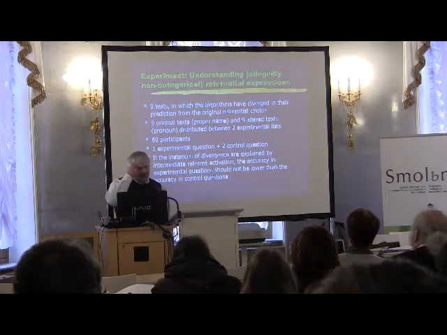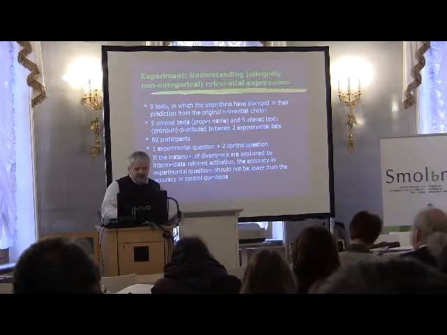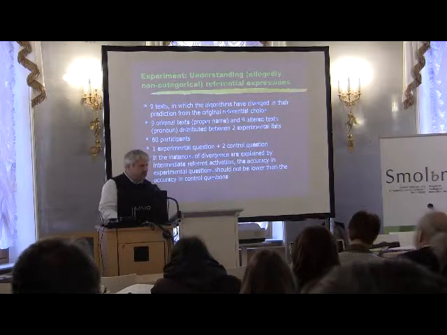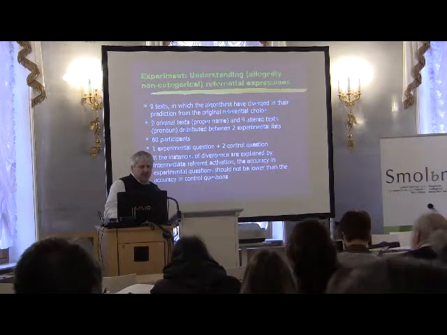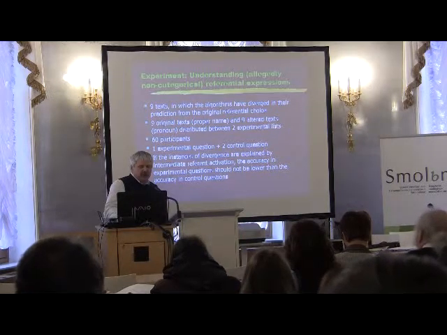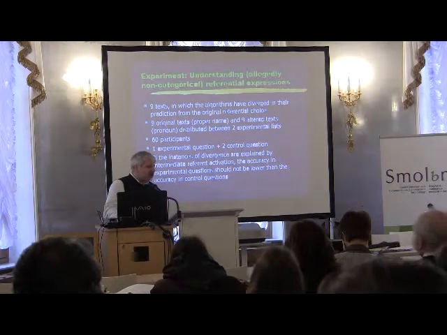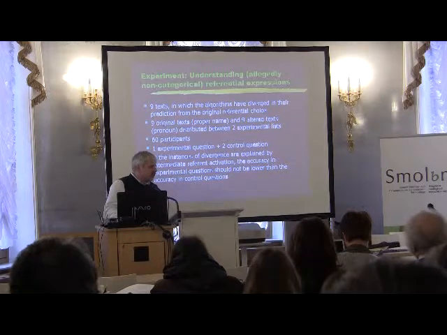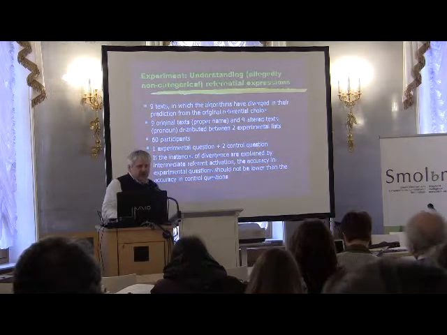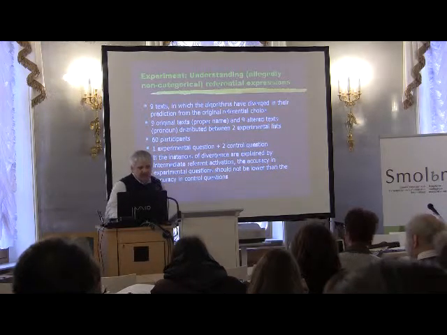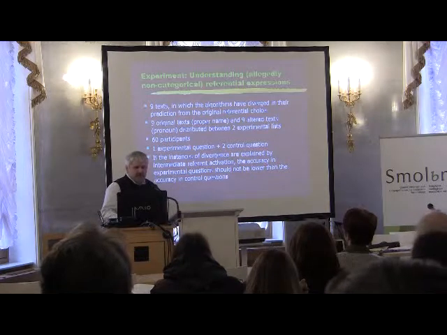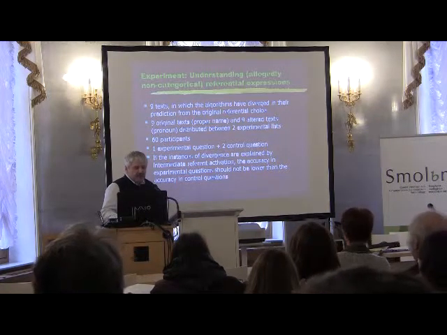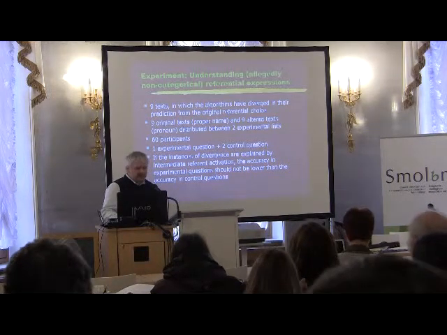But in order to verify this approach, we have tried to do a simple experiment on understanding what we think is non-categorical referential expressions. We have identified 9 texts in our corpus in which the algorithms have diverged in their prediction from the original referential choice.